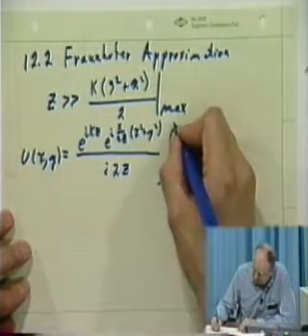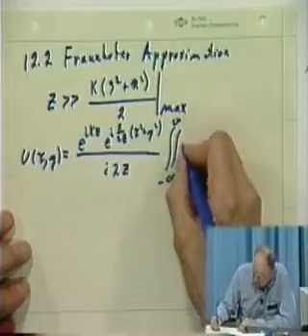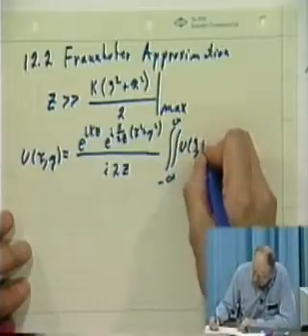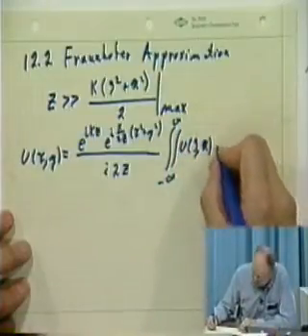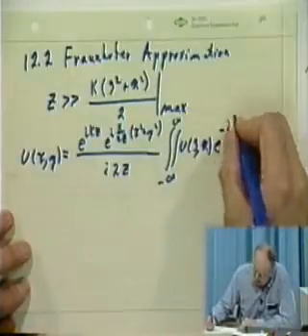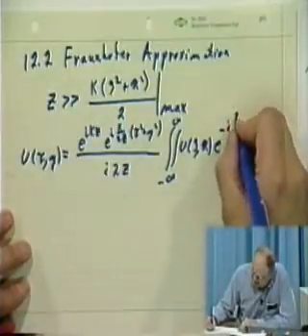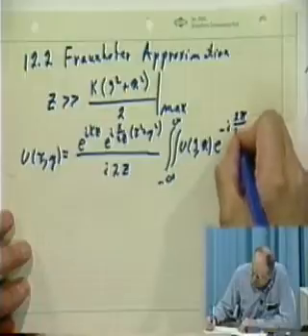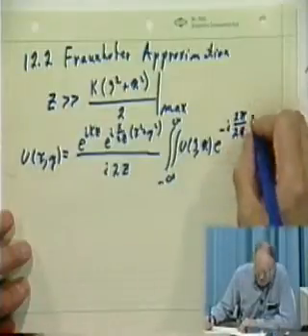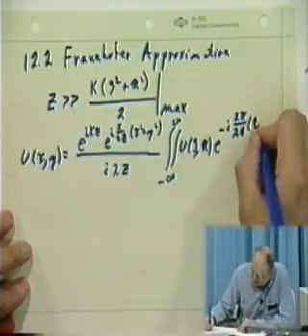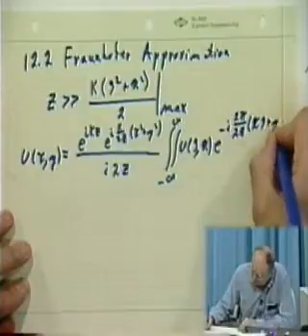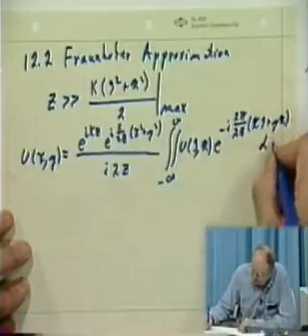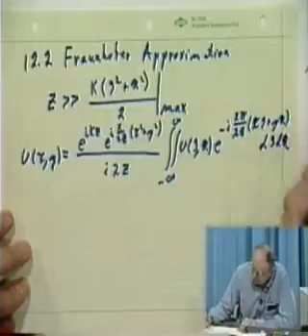Integral then of u of xi and eta, and then e to the minus i 2 pi over lambda z times x xi plus y eta, and then integrating over the aperture here.